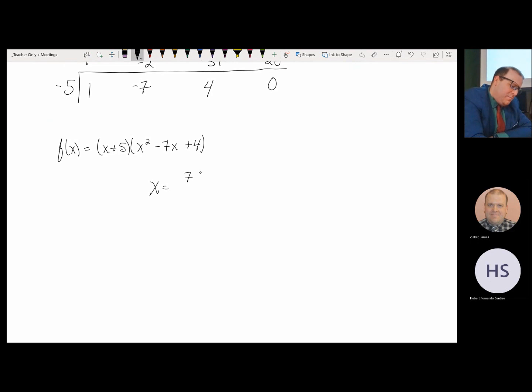Negative b plus or minus the square root of b squared minus 4ac all over 2a. Oh, wait. Why was I thinking that was 3? It's 4, so it should be minus 16. So 49 minus 16, 33, right?